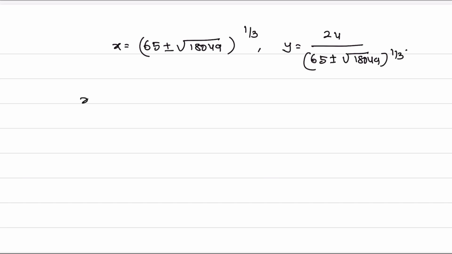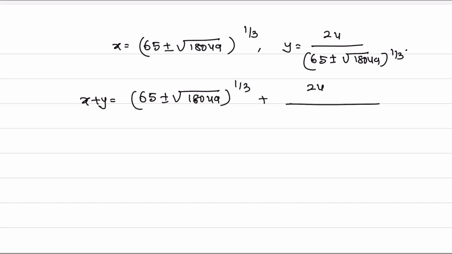Then x plus y is equal to 65 plus or minus square root of 18049 to the power of 1 by 3 plus 24 whole divided by 65 plus or minus square root of 18049 to the power of 1 by 3. This will be x plus y.